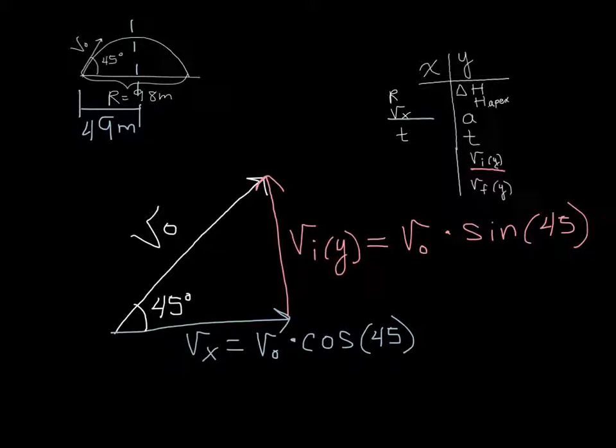If you're doing number 60, where the angle is actually 51, then that's not the case. So let's not worry about the fact that these two velocities happen to be the same, because this is a 45, 45, 90.